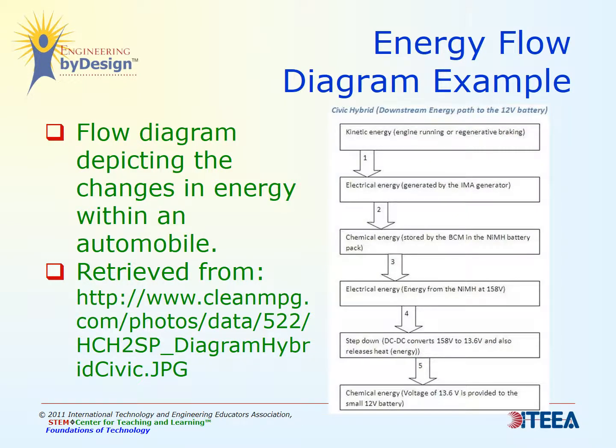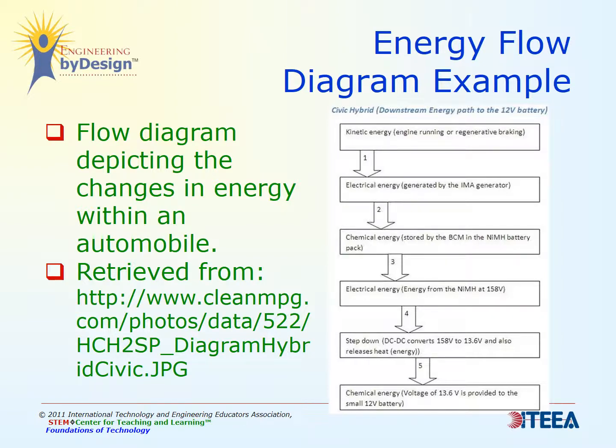Now here's an example of an energy flow diagram process. Remember, we're looking at a Sankey diagram. Please look at this diagram, and it's showing the changes in energy within an automobile, a Civic Hybrid, the downstream energy path to the 12-volt battery.